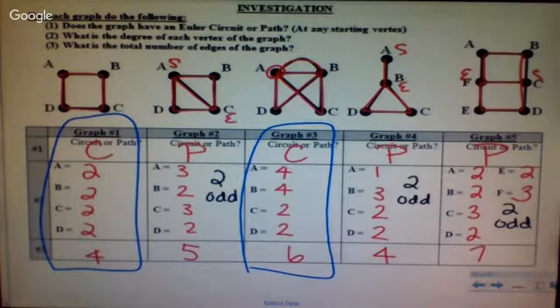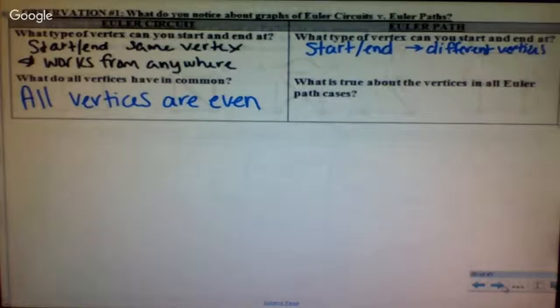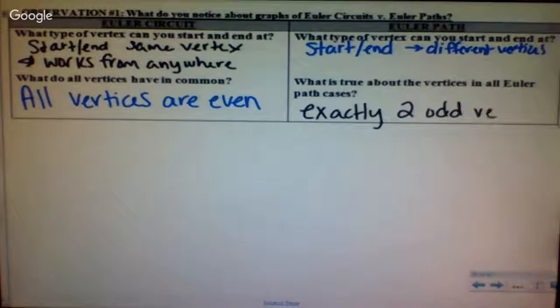A path will always have 2 odd vertices. So that has more than 2. It's neither. Okay. Exactly, 2 odd vertices. If you have anything else, then it is called neither. There is no circuit, nor is there a path.